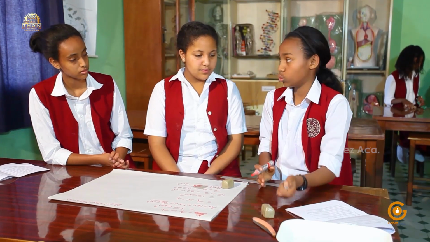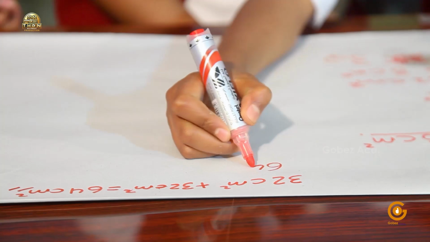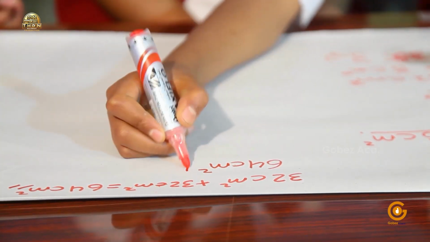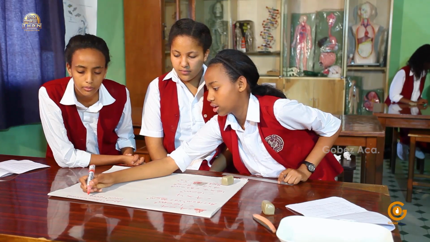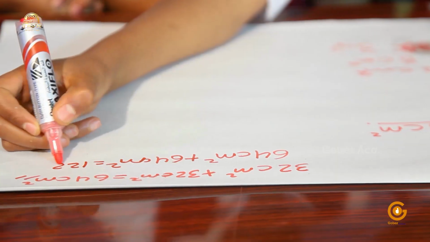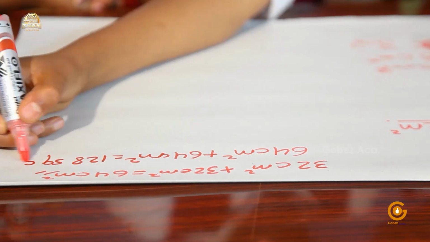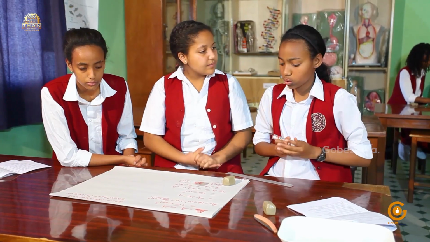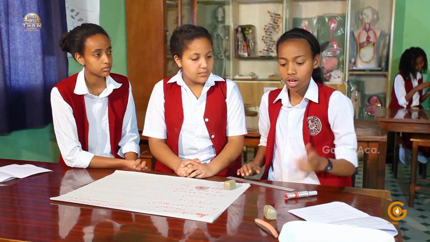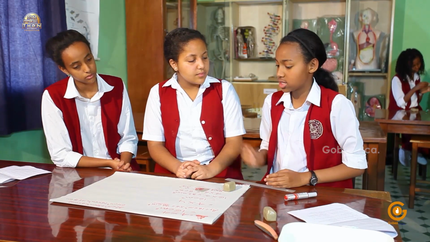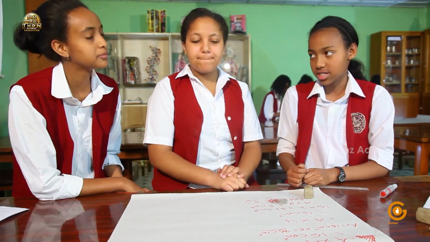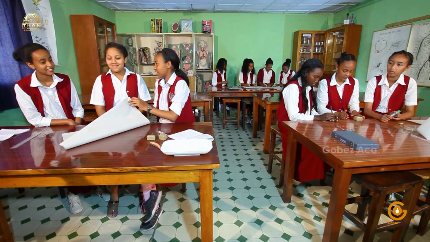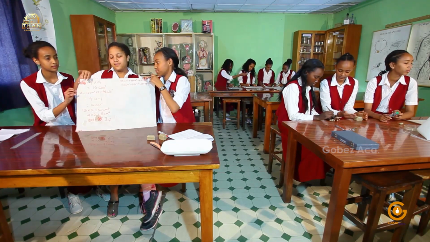So the total of the two will become 64 plus 64, 128, right? Yeah, together it is 128 square centimeters. So when we compare before we cut it and after we cut it, before we cut the cube it was 96 centimeters squared, but after we cut it, the total became 128 centimeters squared. It increased, right? Yes.